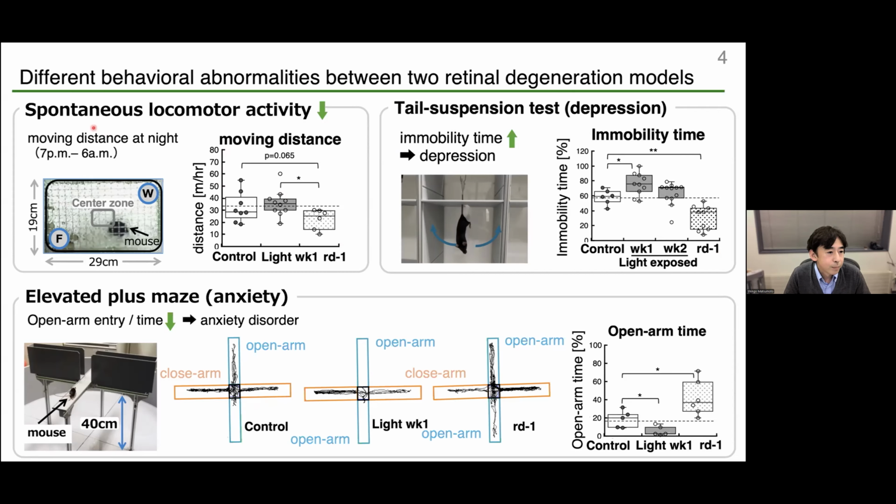For example, in the spontaneous locomotor activity test, only RD1, the chronic and congenital model, showed a decrease in nighttime moving distance within the cage. In contrast, in the tail suspension test and elevated plus maze test, the light-exposed mouse model displayed typical depression and anxiety-like disorder, whereas the RD1 mice showed the completely opposite abnormal pattern.